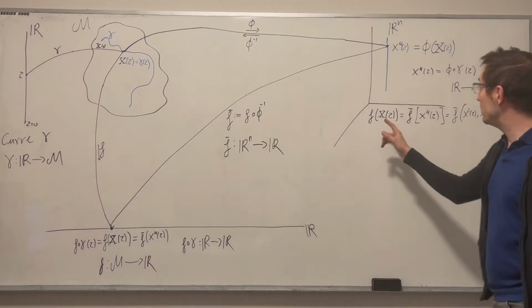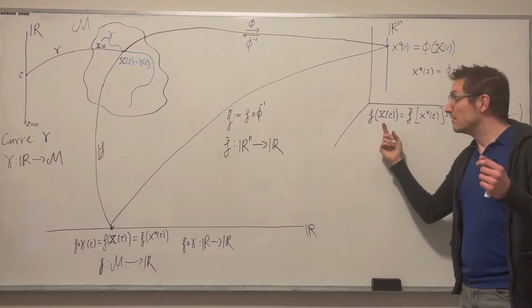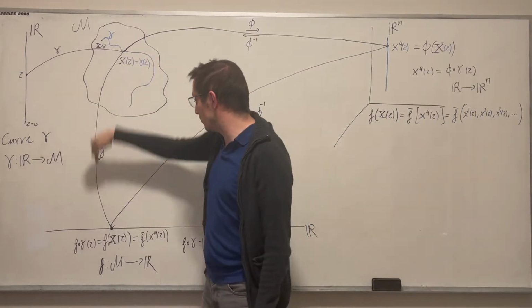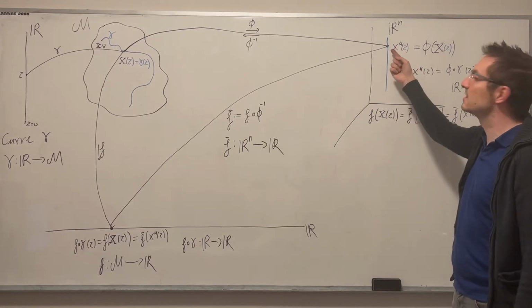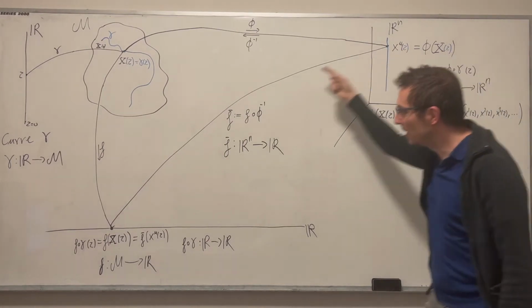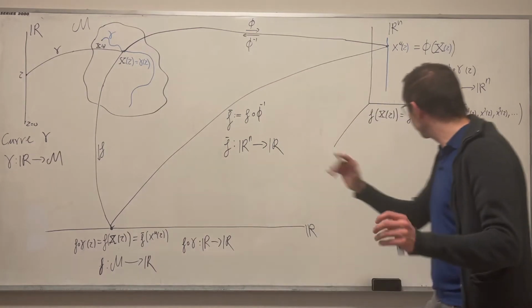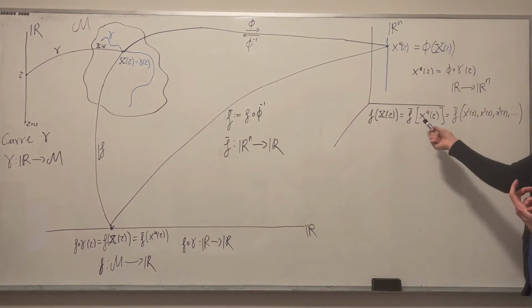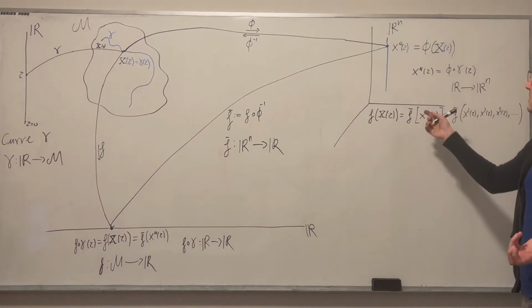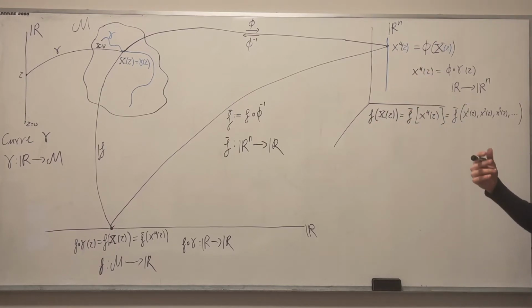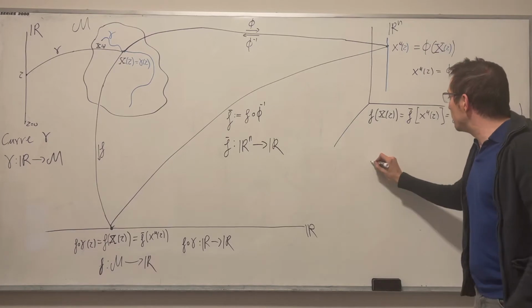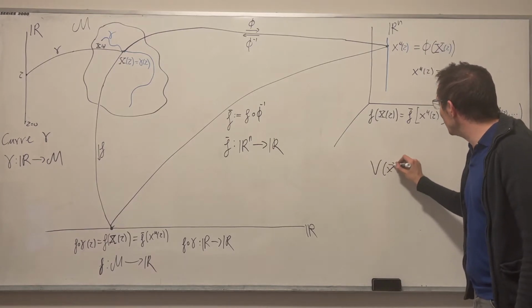I know that the function f of x of tau, the function that takes me from points in the curve to the reals, is the same as the function f bar of x^μ of tau, the function that takes coordinates of the point in the curve and takes me to the reals. This is something that we know very well, because this is a function from Rn to R. It's a real function. Like, for example, when you study physics, the potential of something.